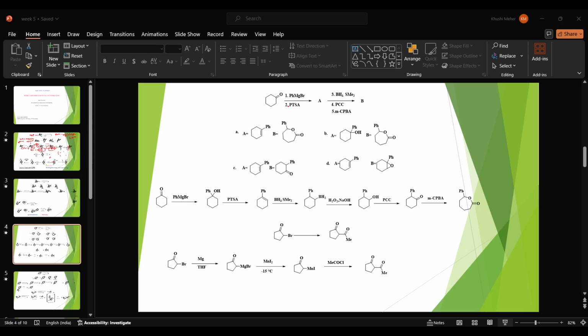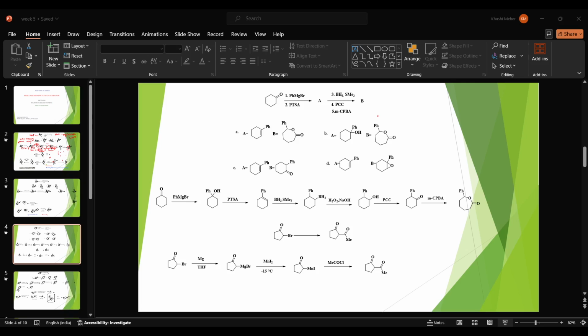It will extract a proton from this carbon, because this hydrogen is much more acidic as compared to the other hydrogens present in the ring. And also this one is the same.